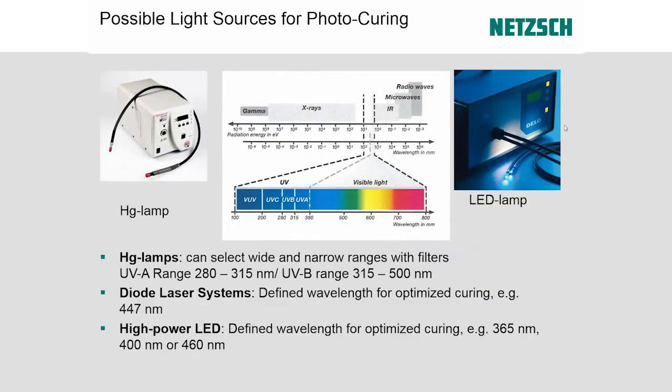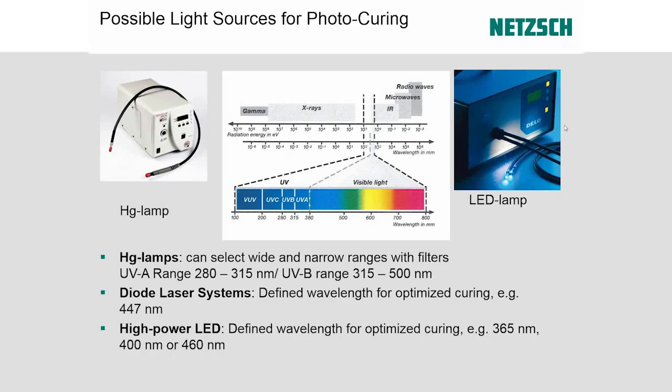On the note of light systems for UV curing, there's quite a few different choices. In the earlier days of UV curables, we typically used wide wavelength ranges for the lamps. We would use mercury lamps or some other types, but they cover a broad range.